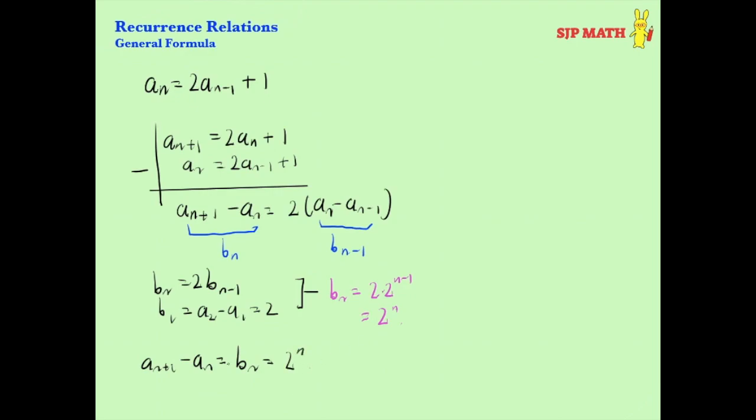So an plus 1 minus an is equal to 2 to the n. And if we rearrange it, we get an plus 1 is equal to an plus 2 to the n. And there we go. We have the same structure as the previous two problems: an plus 1 equals an plus a certain formula where we know the formula for the summation.